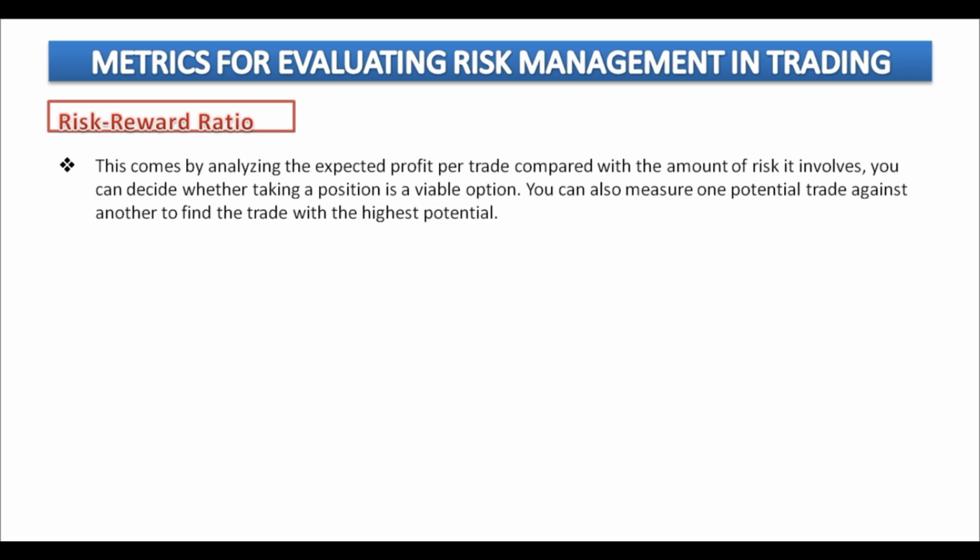This comes from analyzing the expected profit per trade compared with the amount of risk it involves, so you can decide whether taking a position is a viable option. You can also measure one potential trade against another to find the trade with the highest potential.